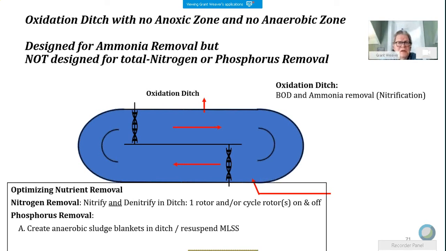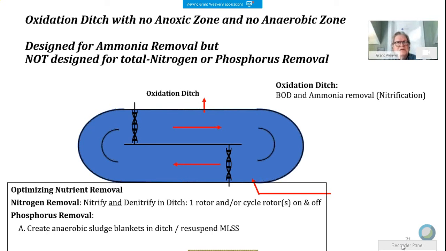But more seriously, if you turn both the rotors off for a period of time, some of the solids will settle to the bottom of the ditch, in the bottom few inches, or maybe even the bottom foot, depending upon the depth of the ditch.